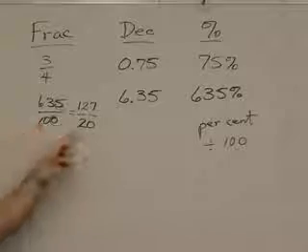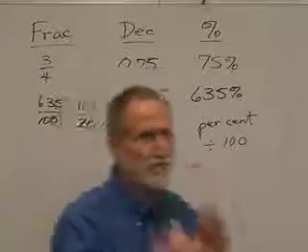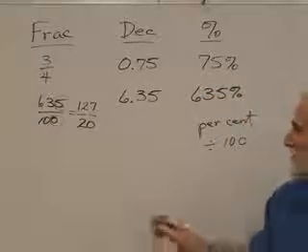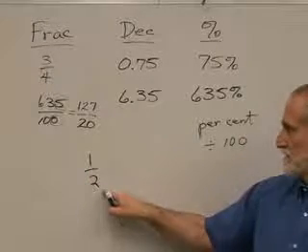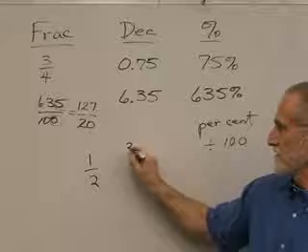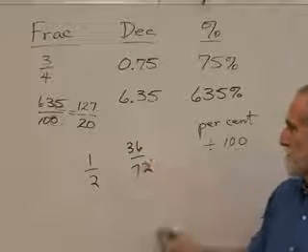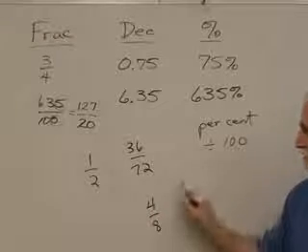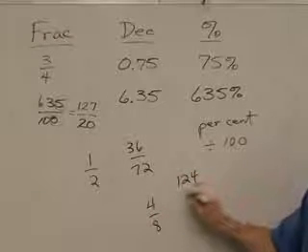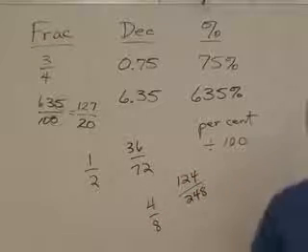Why do we reduce fractions? Well, there's a real practical reason. What if you got this answer and someone else in the class got this answer and someone else in the class got this answer and someone else in the class got this answer? It would look like we all got different answers.